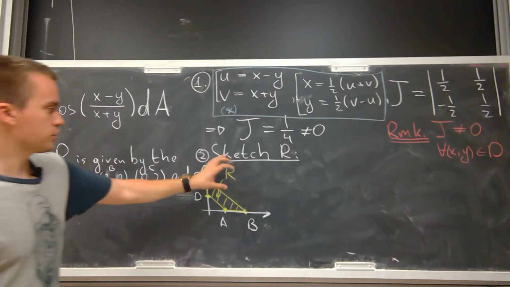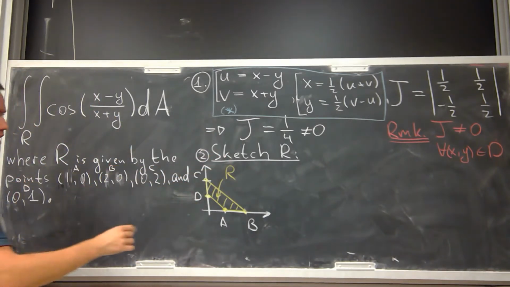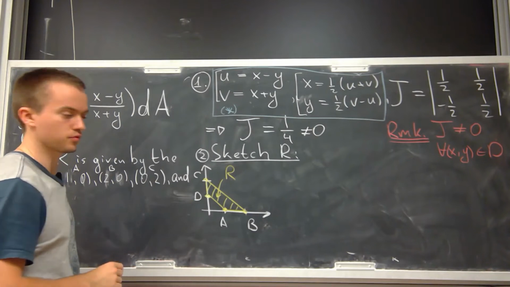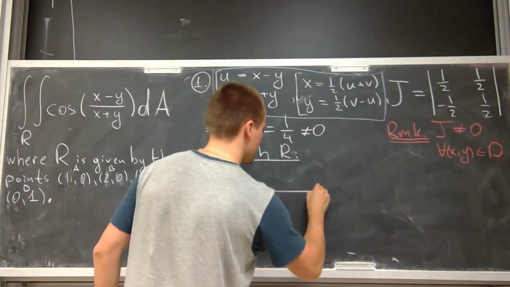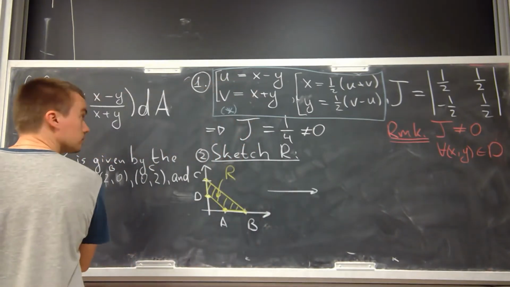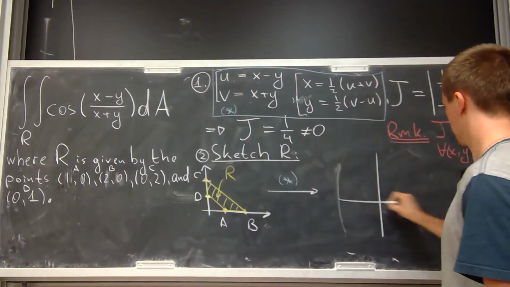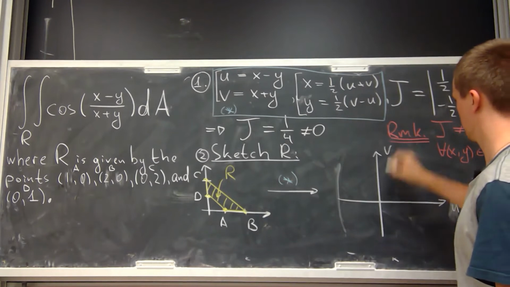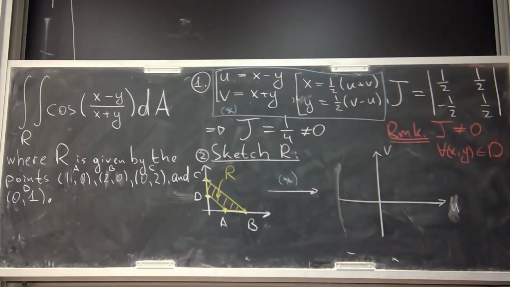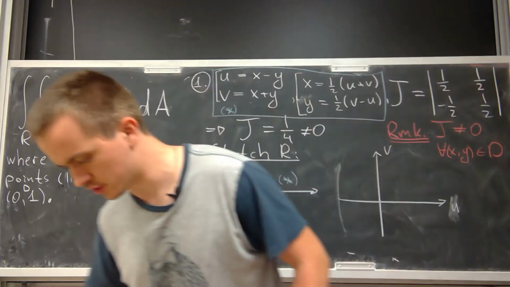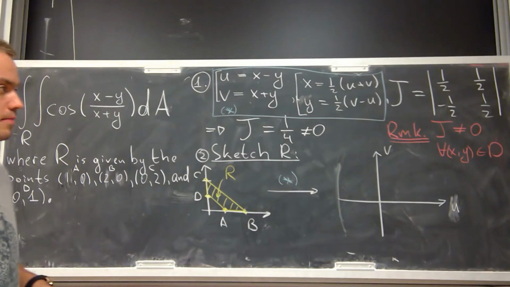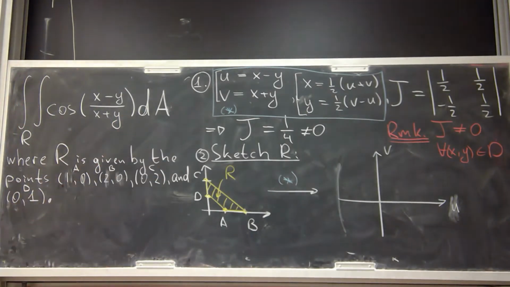Okay, we have region R, so right now, by having this change of variables formulas, let's find region D. I'm going to use one trick for this problem, but this trick will not work for other regions, so maybe I will do a couple more videos about changing of variables and sketching the regions.